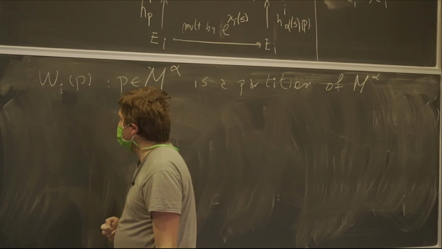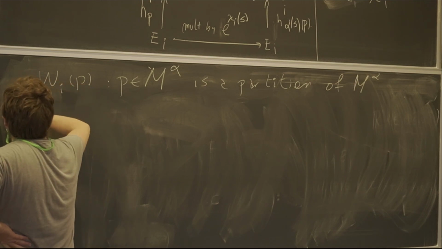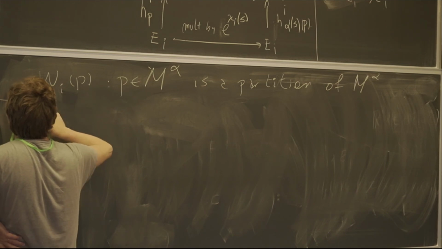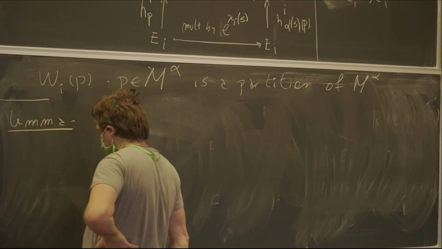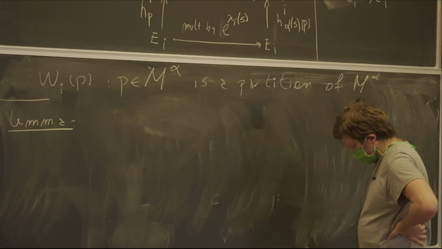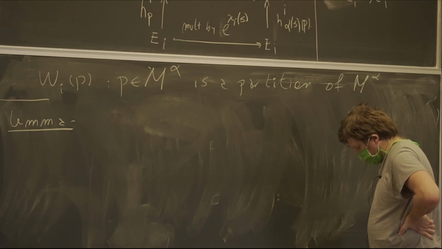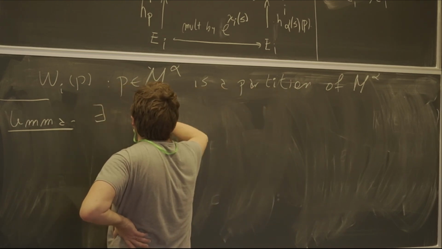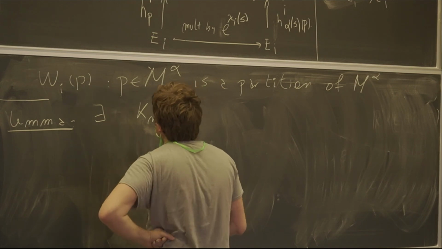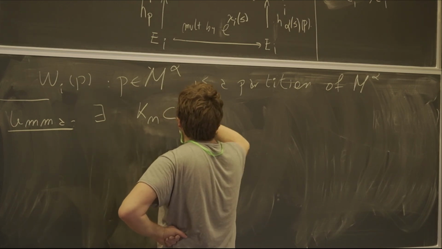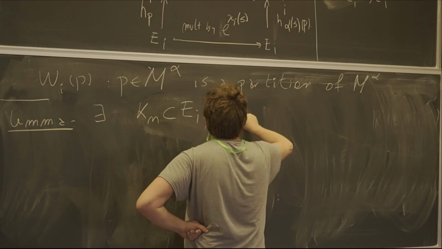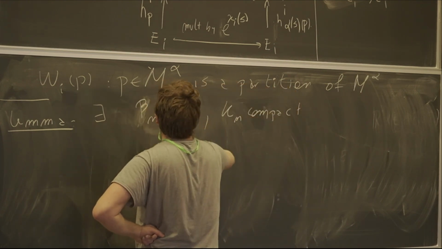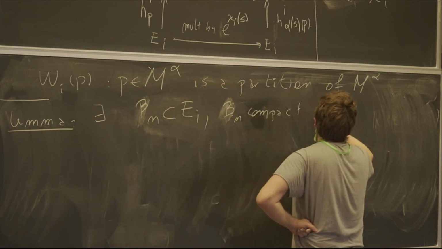Okay, so, lemma: there exists Kn contained in EI, Kn compact. We call them Bn rather than Kn.